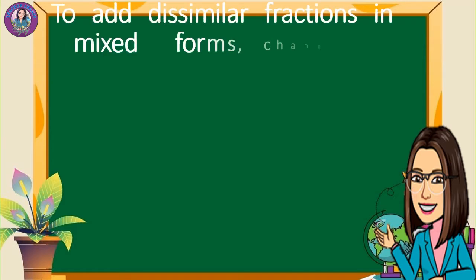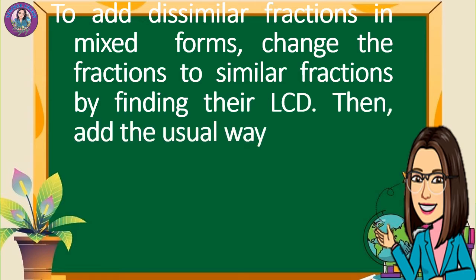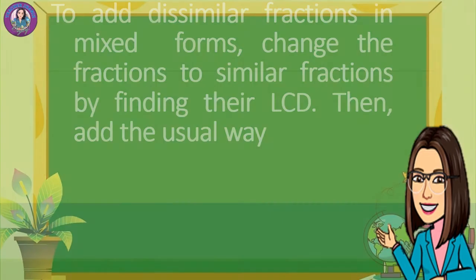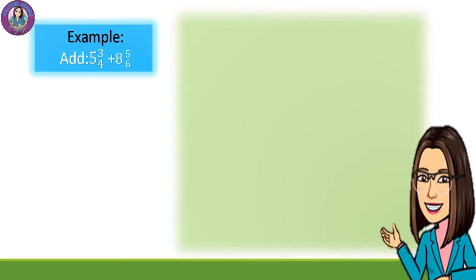To add dissimilar fractions in mixed forms, change the fractions to similar fractions by finding their LCD, then add the usual way. Example, 5 and 3/4 plus 8 and 5/6. Notice that the fractions have different denominators, so they are dissimilar fractions.